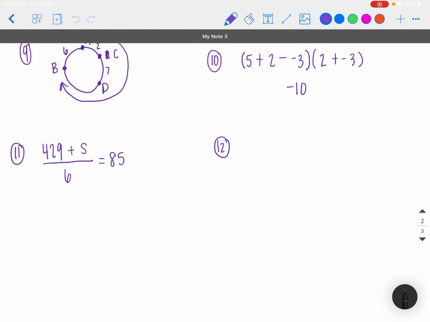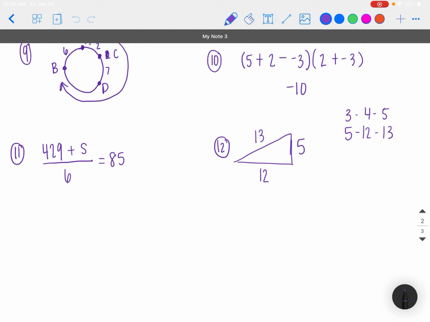Number 12, we're asking how tall the ramp is, and this is a Pythagorean triple. So you could do the Pythagorean theorem, but if you remember the Pythagorean triple 5, 12, 13, those are 3 values that always form a right triangle, and they come up a lot. 3, 4, 5 is another common one.